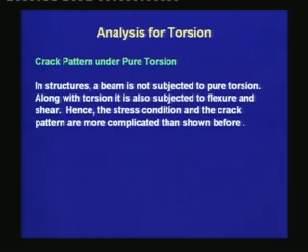In structures, a beam is not subjected to pure torsion. Along with torsion, it is also subjected to flexure and shear. Hence, the stress condition and the crack patterns are more complicated than shown before. Earlier, we had seen the behavior of a beam under bending and shear due to bending, and here we have seen a beam under pure torsion.